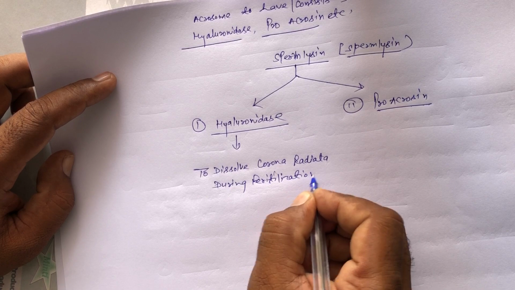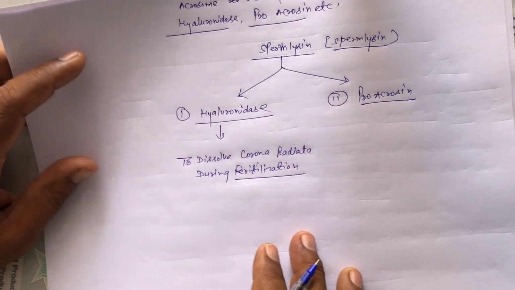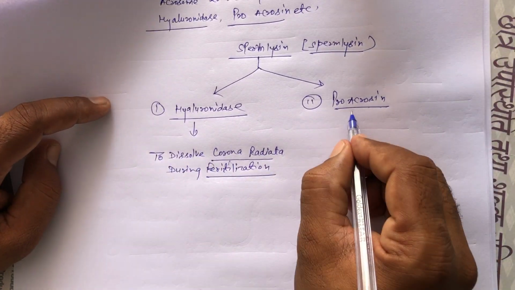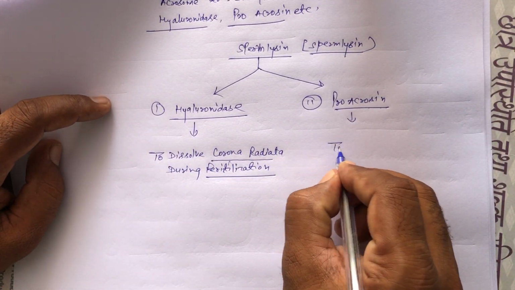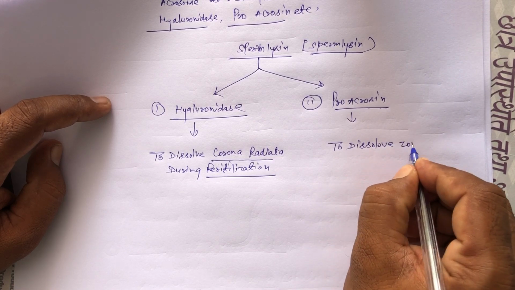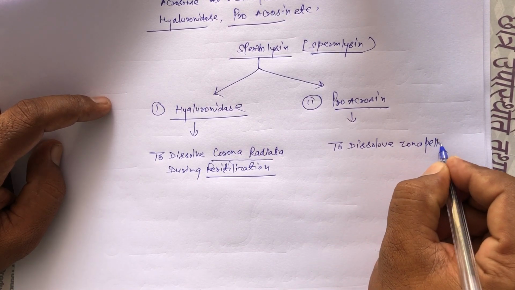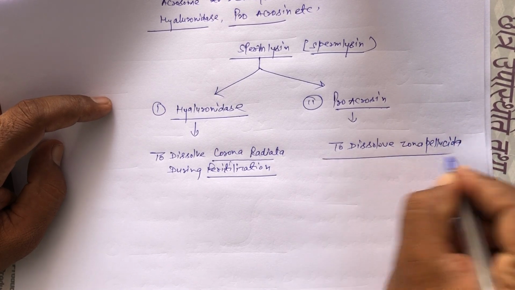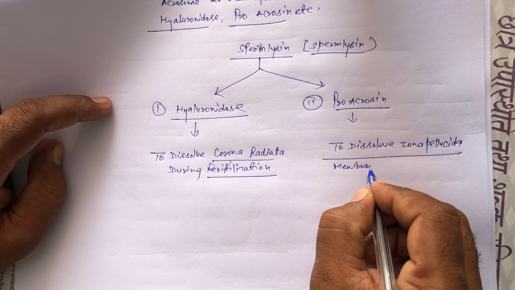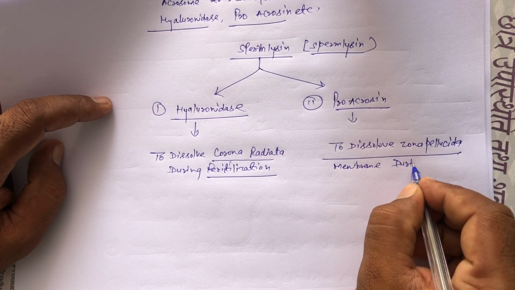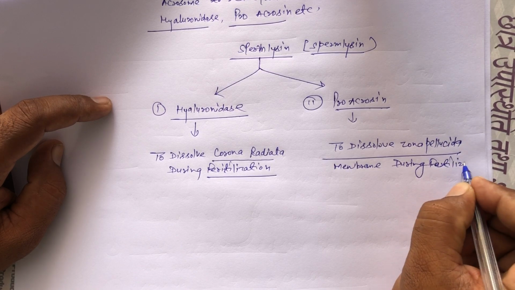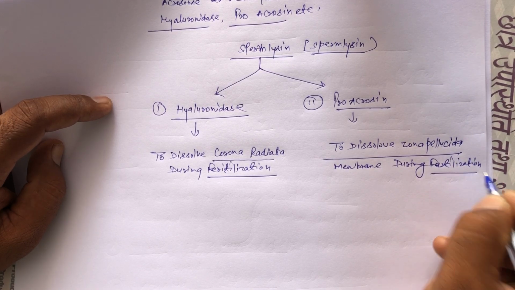Fertilization means fusion of male and female gamete. Next, the corona radiata is an extra embryonic membrane. Proacrosin dissolves the zona pellucida membrane during fertilization, or during syngamy, or during fusion.